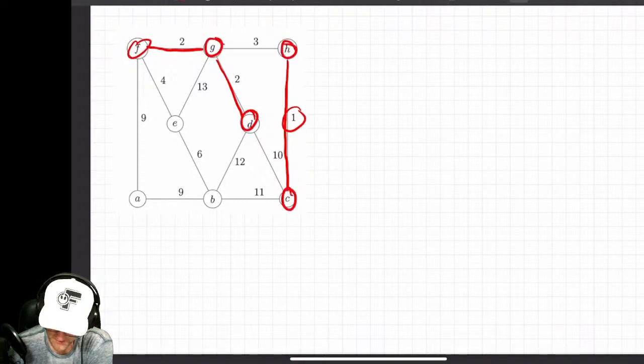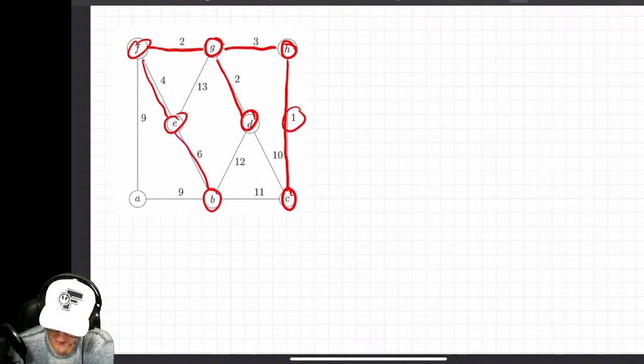This is connected, but there's still disconnected components. The next one that I would consider is a 3. There we go. Next one would be 4. There's E. Next one would be 5. There's no 5s. 6 goes to B. No other 6s.